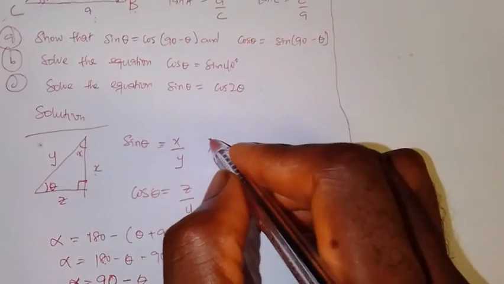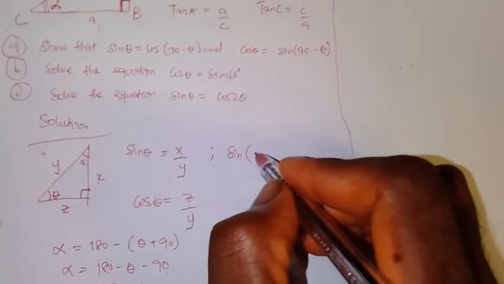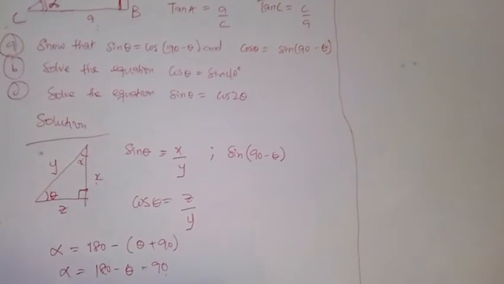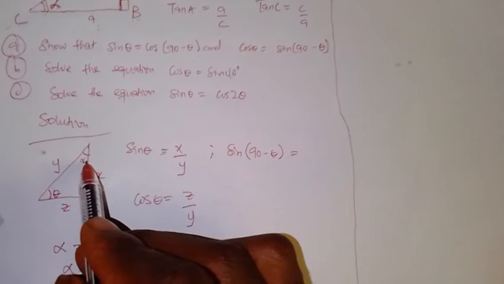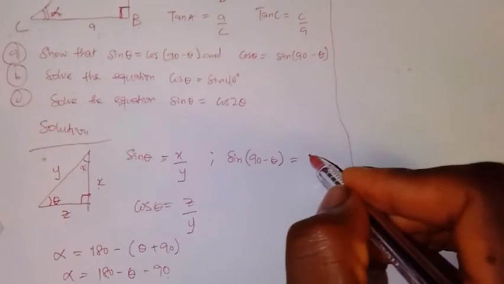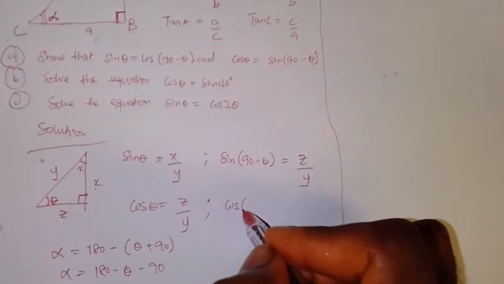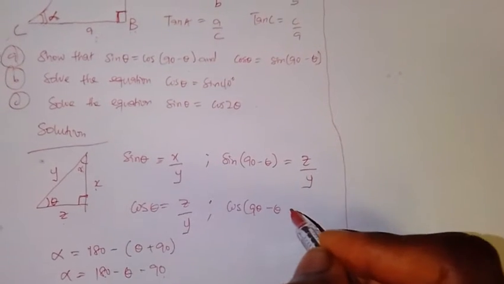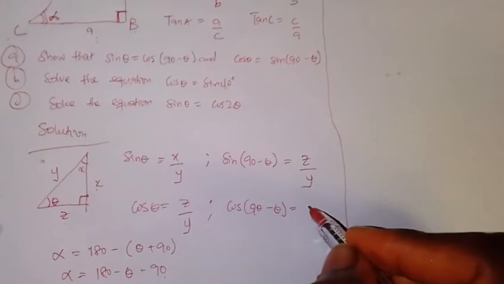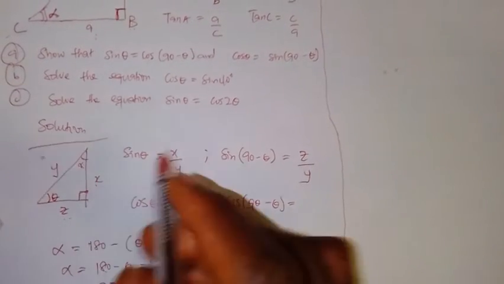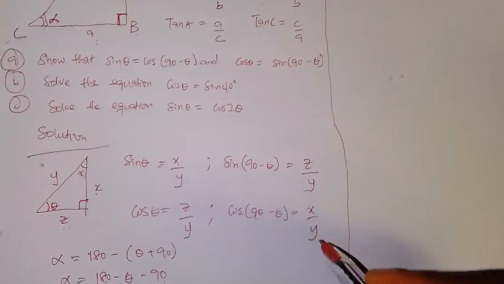So now let's look for sine of 90 minus theta, or sine alpha, because they're the same thing. Sine of 90 minus theta now becomes my opposite over hypotenuse, which is z over y. Cos of 90 minus theta now becomes adjacent over hypotenuse. This is still my opposite, so I'm having this as x over y.